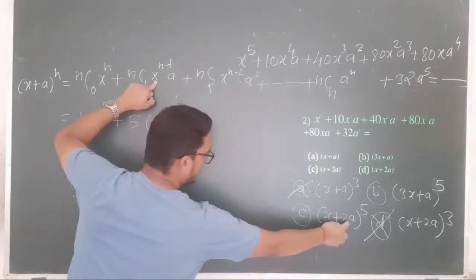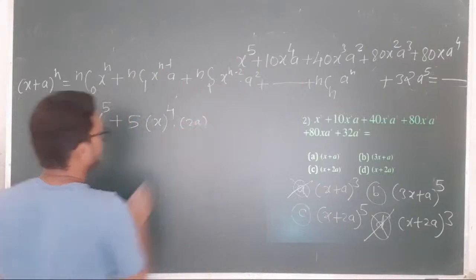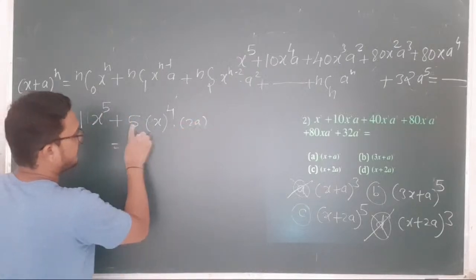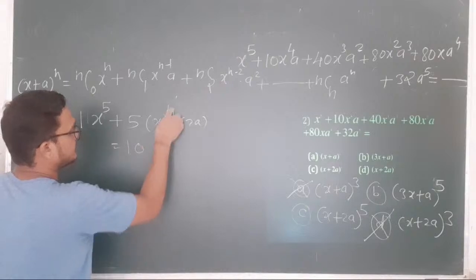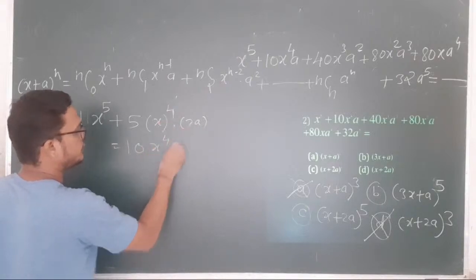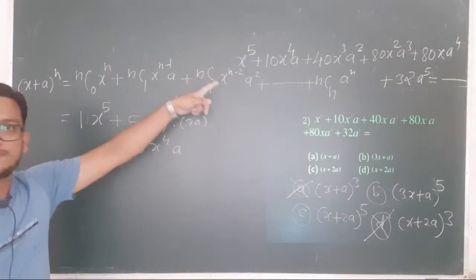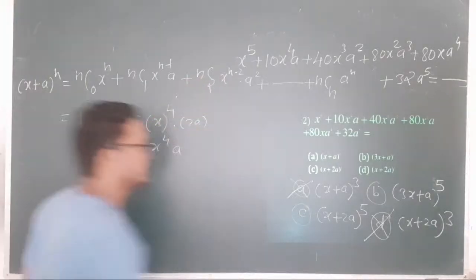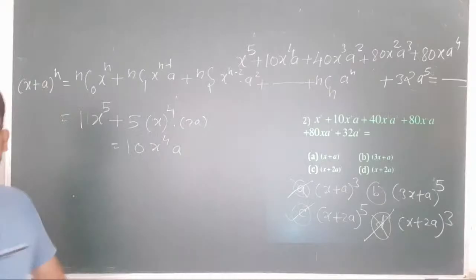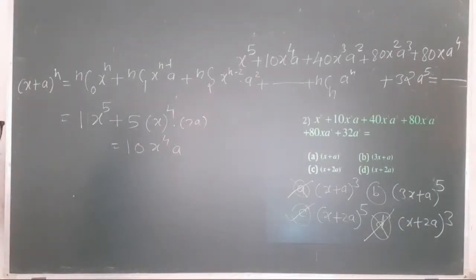But a is what here? 2a. If I multiply this, 5 twos are 10, so this is 10 x to the power 4 into a. Check it, that second term you are getting or no? So therefore, option C is correct here.